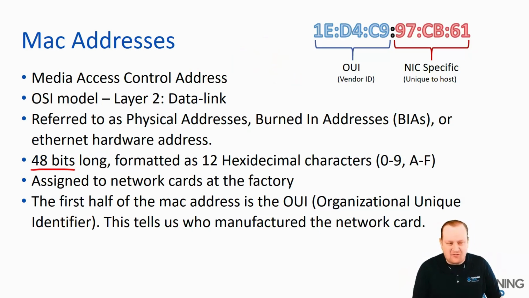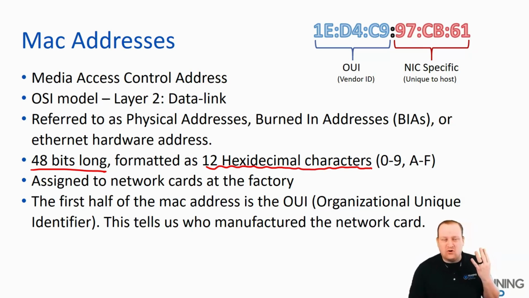Now, these MAC addresses are 48-bit long addresses, which means 48 ones and zeros. But reading 48 ones and zeros, 110101110, would be obnoxious. So what we do is we view them instead as 12 hexadecimal characters, where each hexadecimal character is 4 bits.